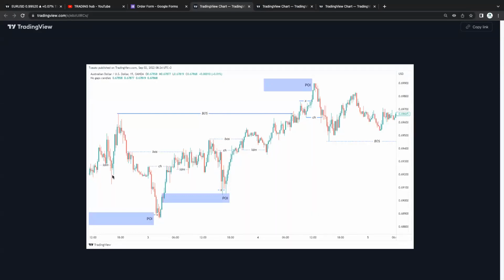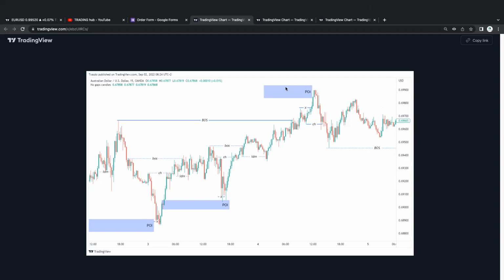Inducement, break of structure, sub PY zone, change of character, inducement. Break of structure. At this point, which you marked here, if this is a PY, then this becomes our change of character.